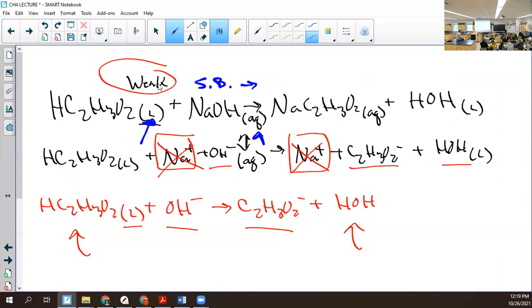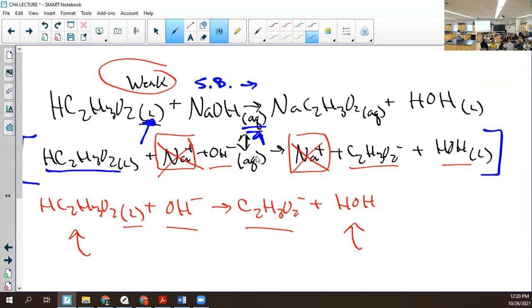Well, that seems fair. It's just a double replacement neutralization reaction. So the complete molecular or ionic would look like this. You would include this together this time instead of breaking it apart because it's a liquid. It's not aqueous. But you would have Na plus OH minus still as ions because they were aqueous.